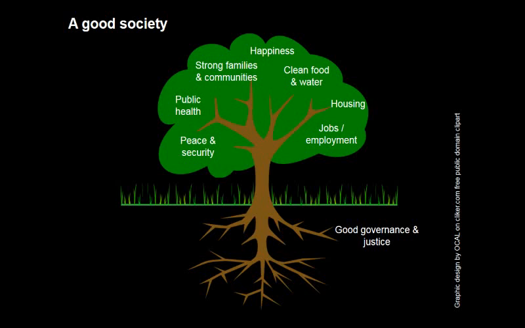We can't maintain peace and security without a police force, without government to install a sewage system so that our waste can be taken away and properly treated, and controls on pollution, controls on where we build things. So good governance and justice is a component of the roots of maintaining that. Is everyone happy with that?